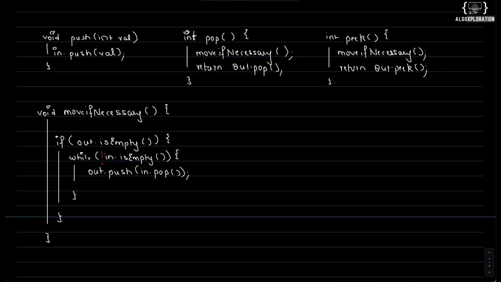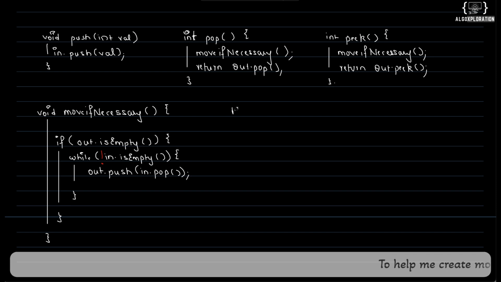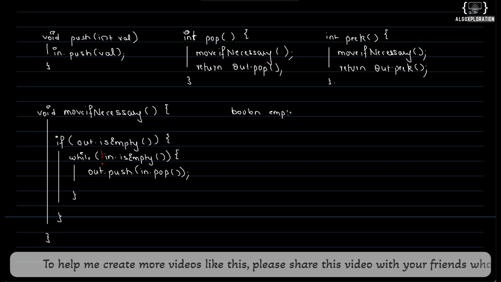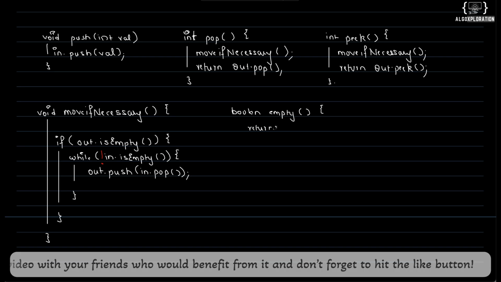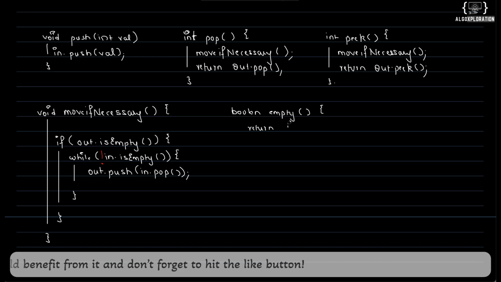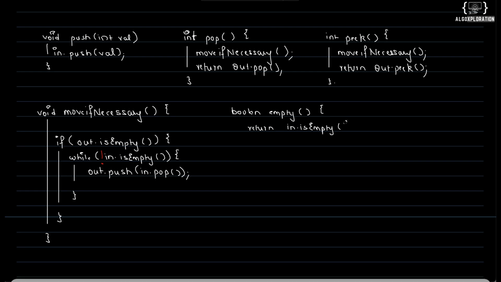Now the last question, how to check whether it is empty or not. It's very simple. Let's have a boolean empty. Just return in dot is empty and out dot is empty.